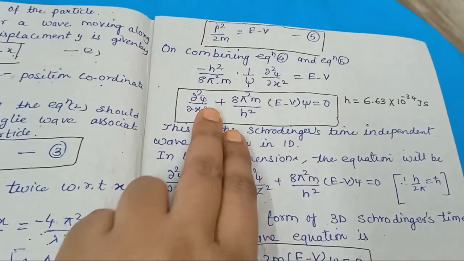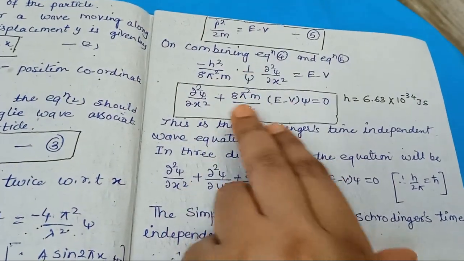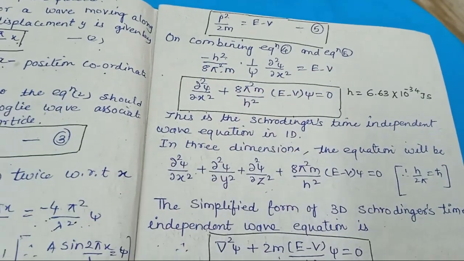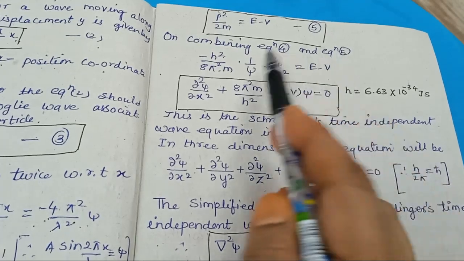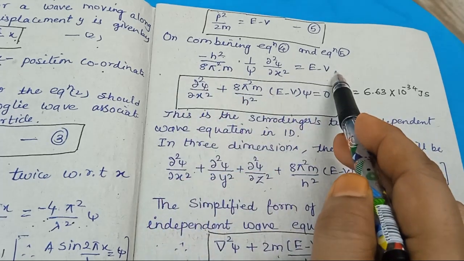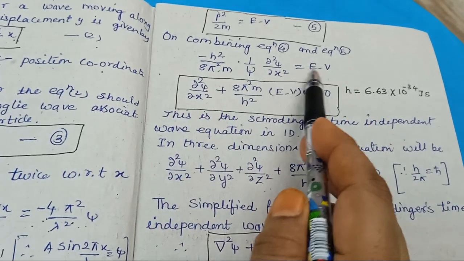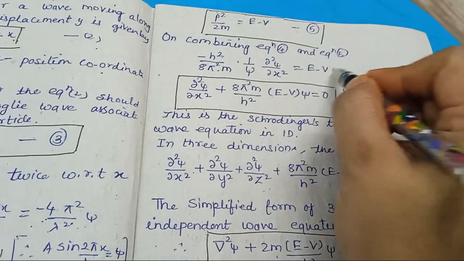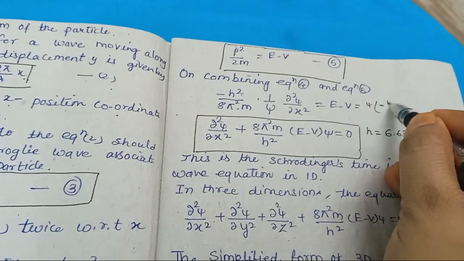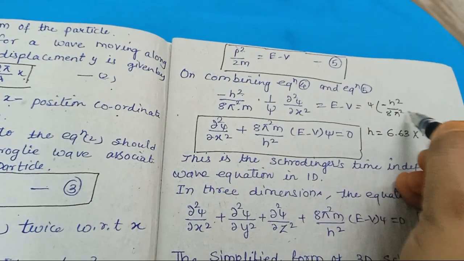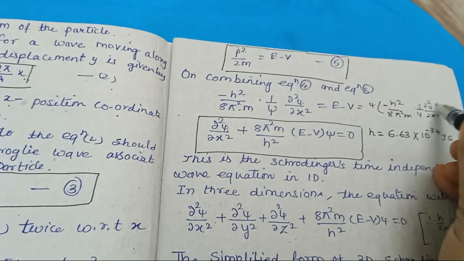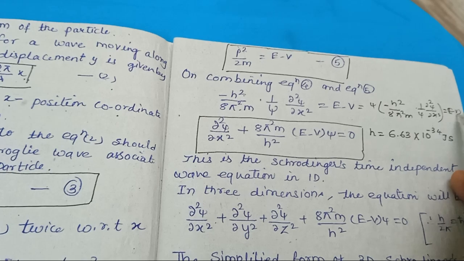The same thing: E minus v comes over here and becomes positive. We multiply both sides by psi. Then, rearranging the equation, we can write minus h square upon 8 pi square m into del 2 psi upon del x square equals (E minus v) psi.